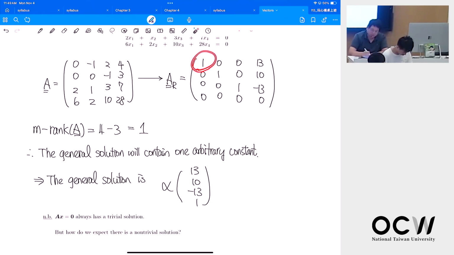Obviously, x1 is equal to minus 13 x4, x2 is minus 10 x4, x3 is 13 x4, and this is x4. Oh, so it should be minus 3. Okay. Any questions here?